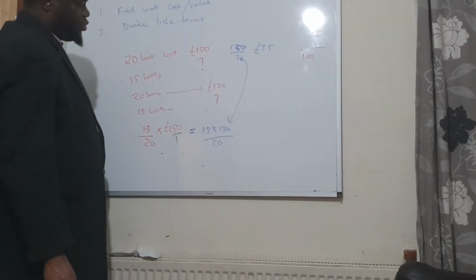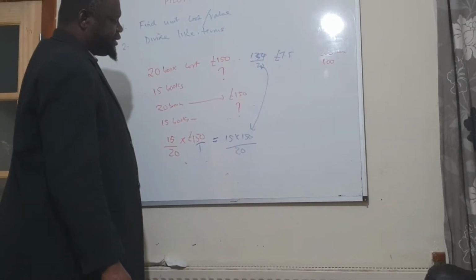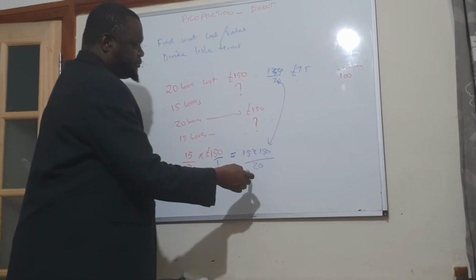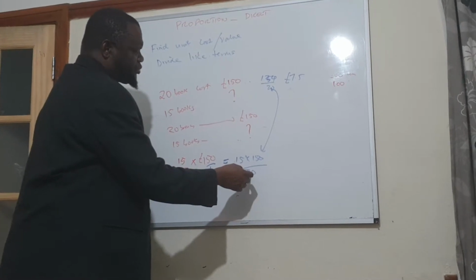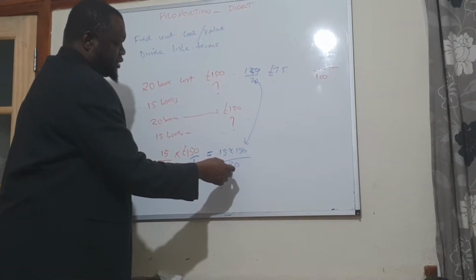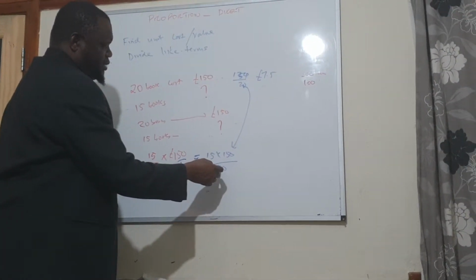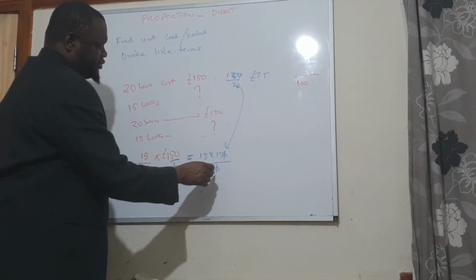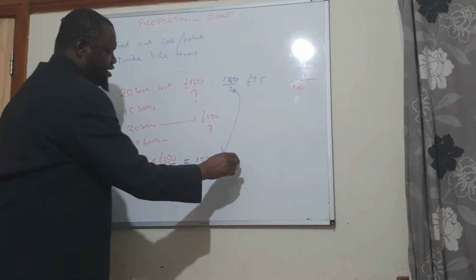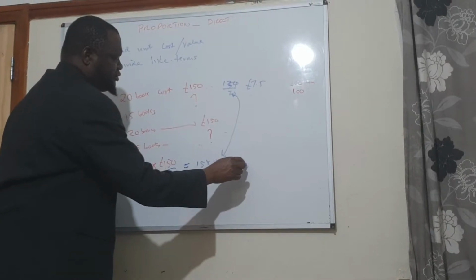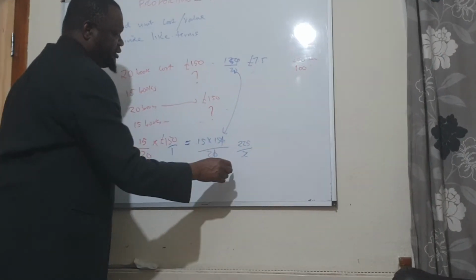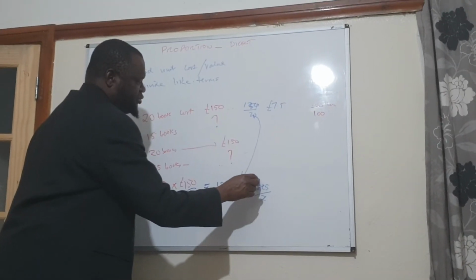Okay? So if you want, 0 can cancel 0. 15 times 15, I know that is 225. Divide by 2. 2 goes into 22, 11 times.